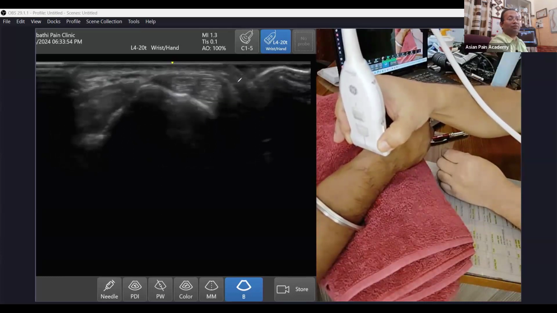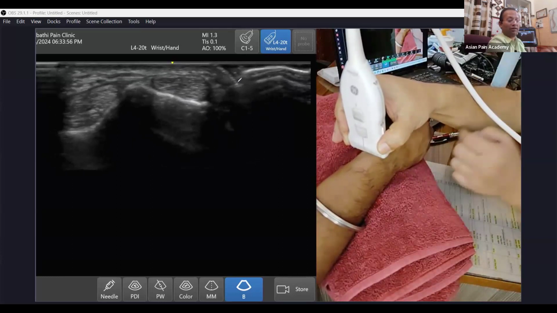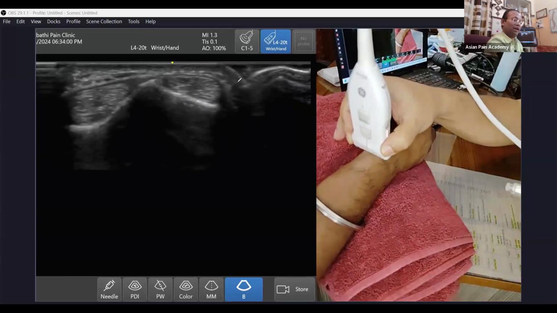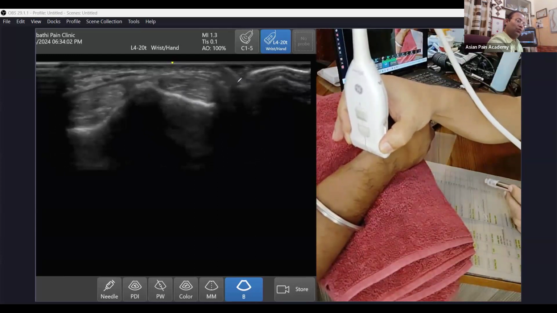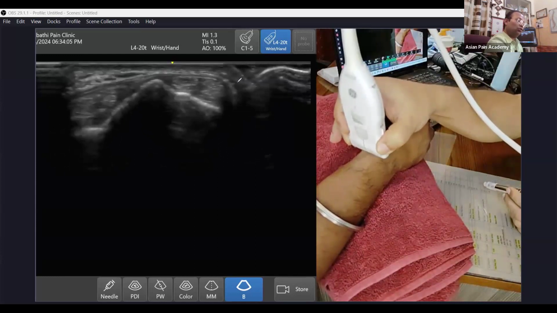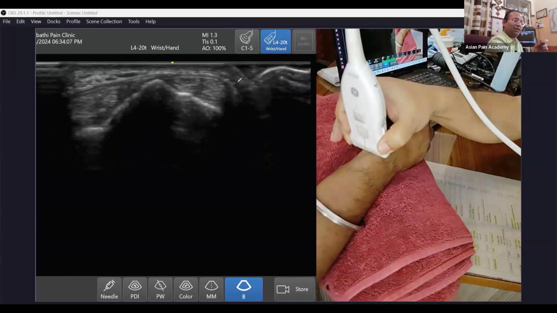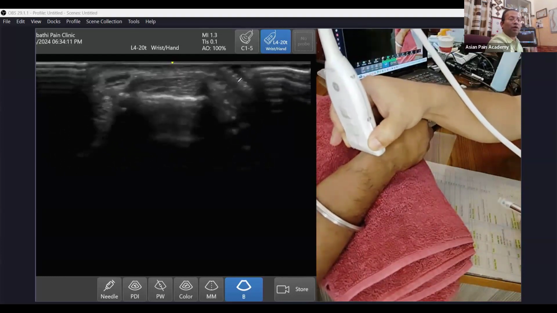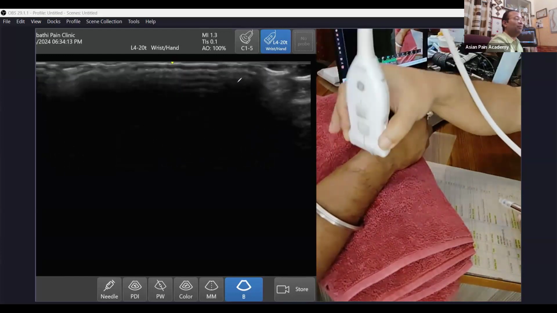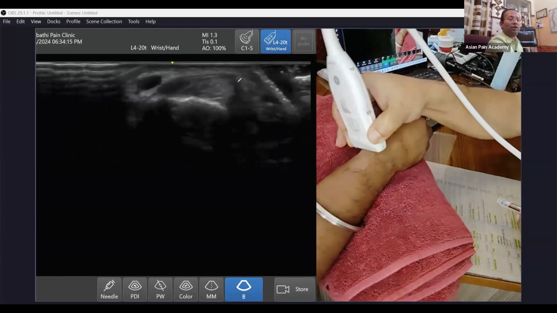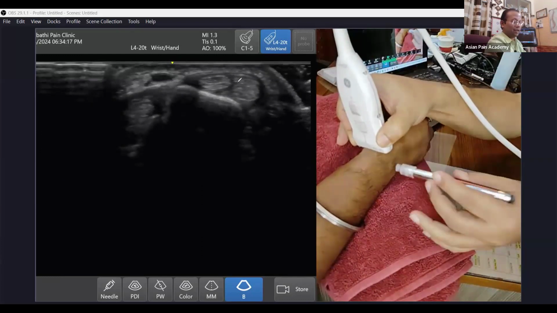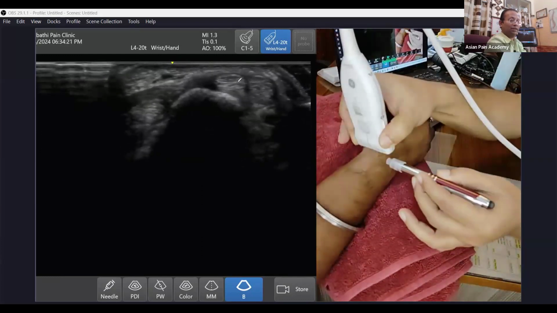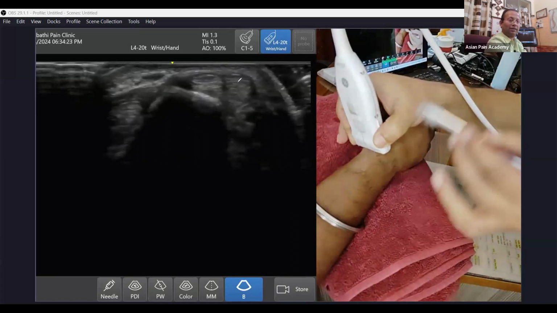Dr. Wafa was asking from which side to which side we will give the injection if we have to. Remember, this is the way I am holding the probe. If your injection has to be in line with the ultrasound beam, the inline approach, then the injection has to go like this, from this side to the opposite side, in line with the ultrasound beam.